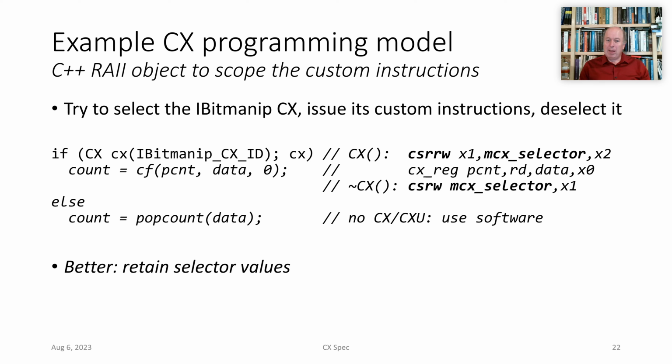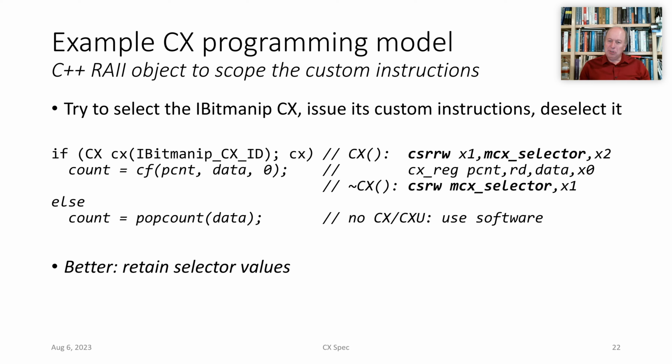And if so, it will write MCX selector, selecting the extension, and then issues a custom pop count instruction, and then in its destructor restores the original MCX selector value. If it's not configured in this system, the code falls back to a software pop count function.